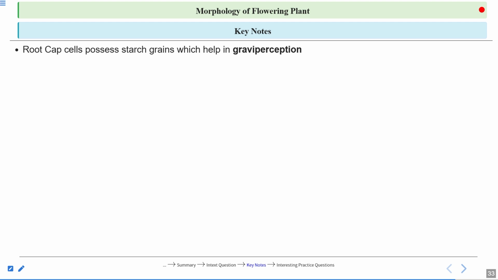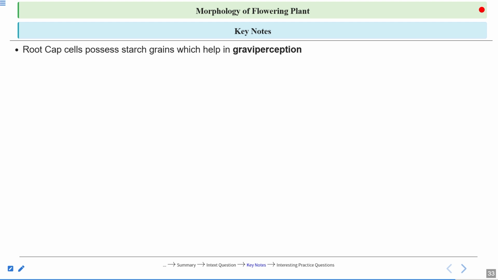Actually, the root cap cells possess starch grains and they play a very crucial role in gravity perception. So this is the geotropic response. They are meant for sensing the gravity.